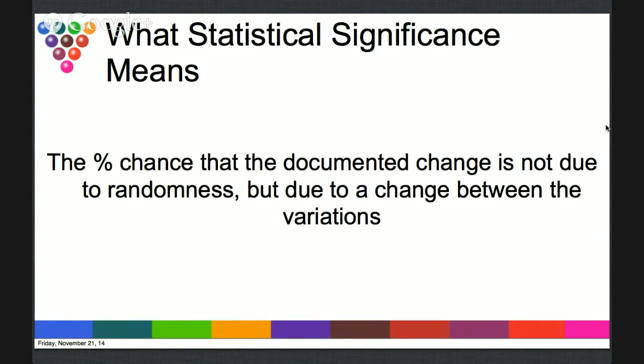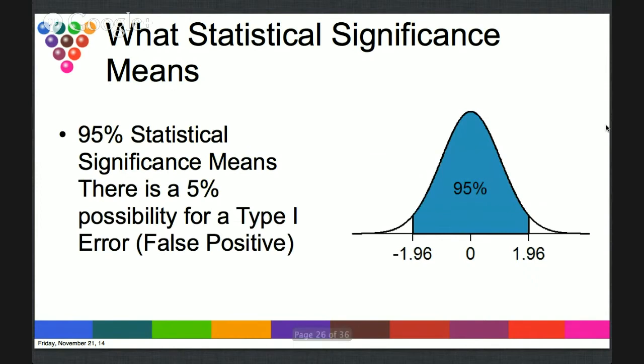So a 95% statistical significance means that there is a 5% possibility that the changes you saw are a false positive. The change isn't due to the difference between the variations, it's just randomness. And at a 95% confidence level, that means 1 in 20 of your tests will be a false positive. So keep that in mind.